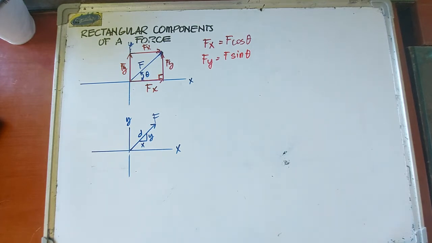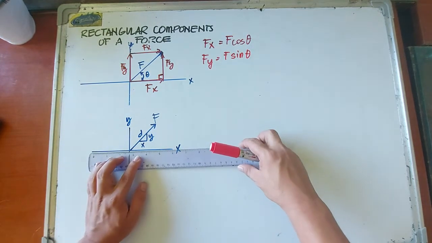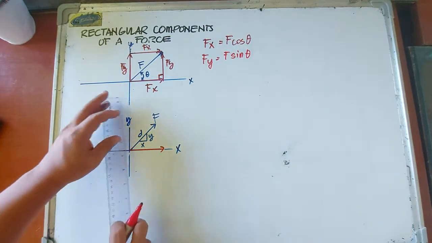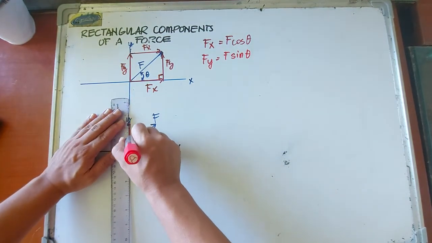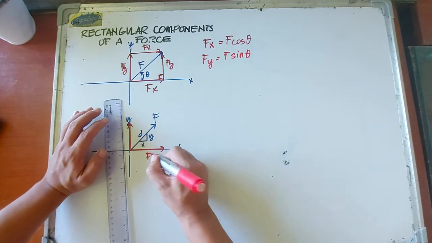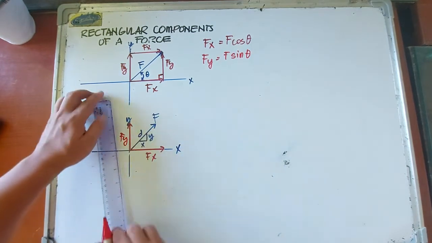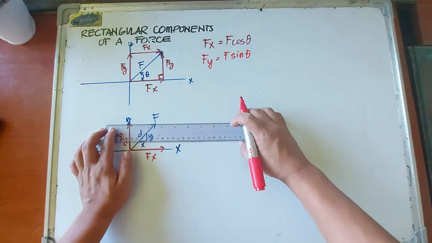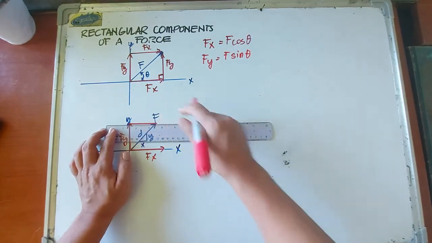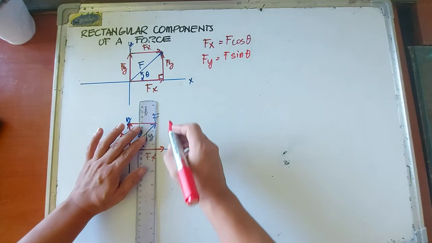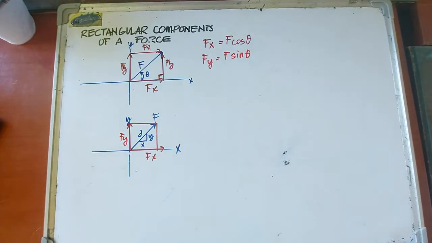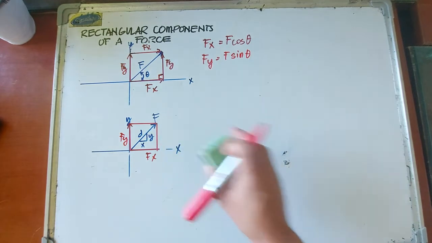So let's say for example, ito yung component niya along x and then component along y, fx and fy. So same pa rin, rectangle. So the parallelogram is a rectangle. Extend tayo ng konti doon.